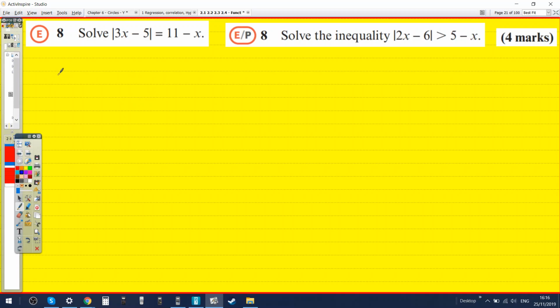So they make that into 2x minus 6 is greater than 5 minus x. And then we have 2x minus 6 is less than minus 5 plus x.